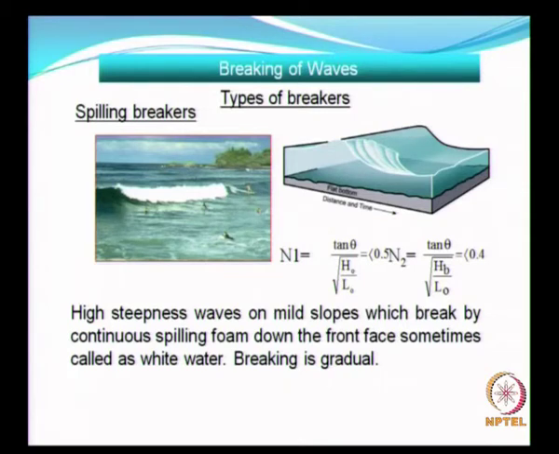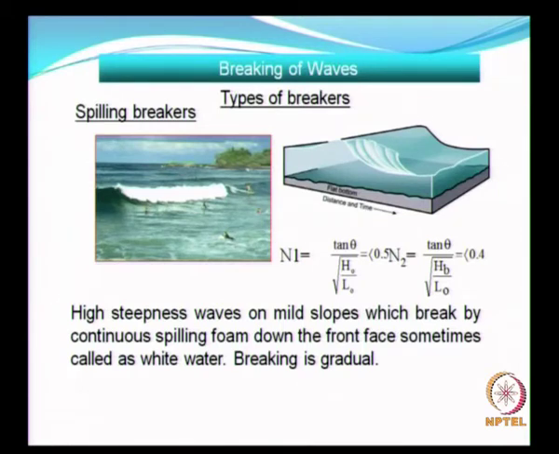High steepness waves on mild slopes break by continuous spilling, foam down the front face, and this is sometimes called white water, and breaking is gradual. For example, Goa beaches, very popular. So, you can walk for a long distance.